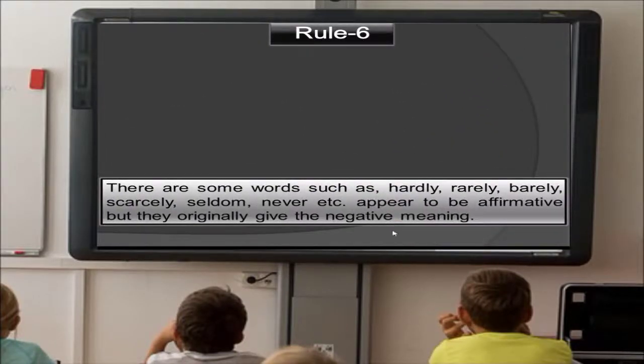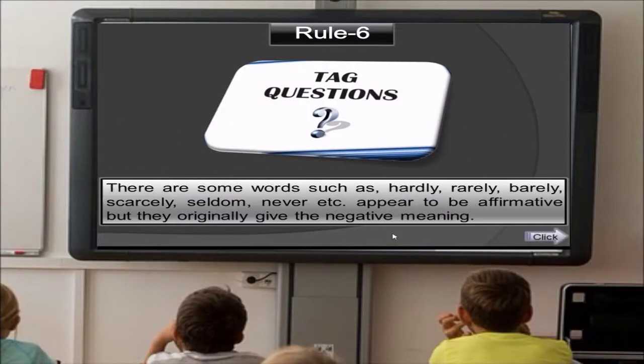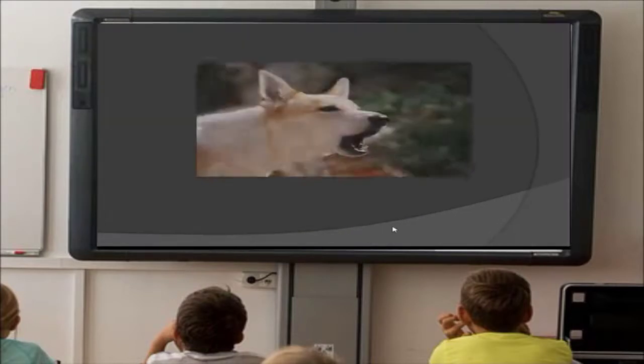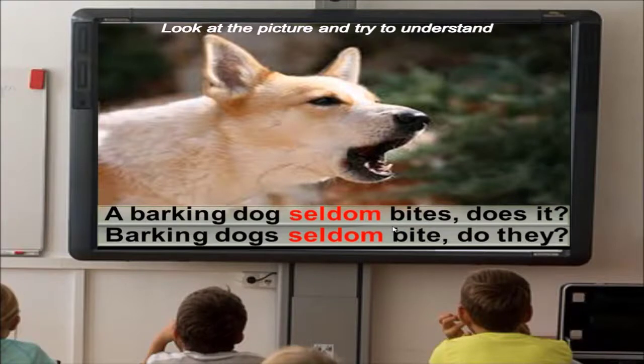Rule 6. There are some words such as hardly, rarely, barely, scarcely, seldom, never, etc. that appear to be affirmative, but they originally give the negative meaning. Look at the picture and try to understand. A barking dog seldom bites, does it?